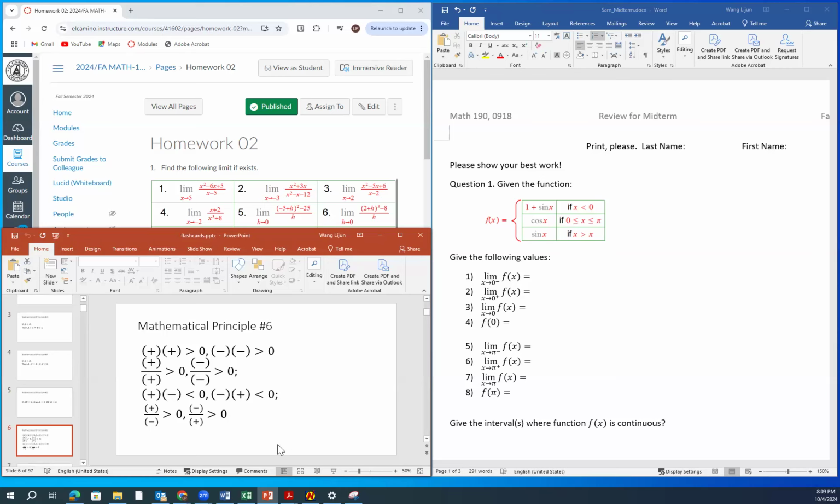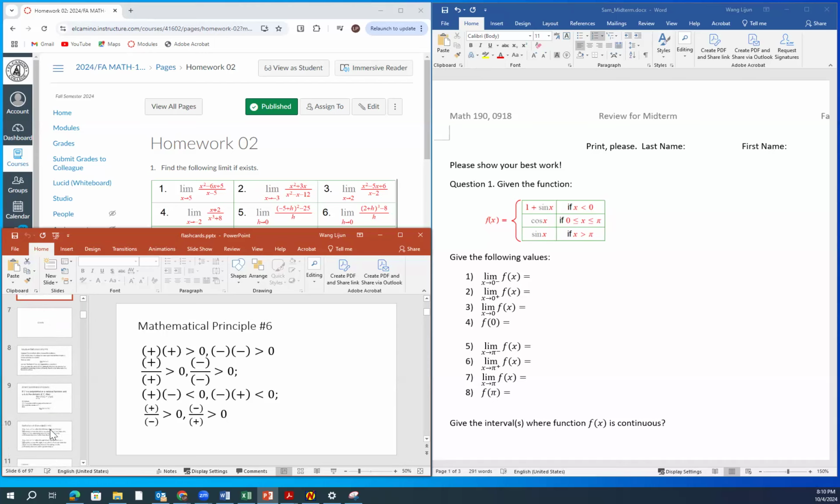These are basic algebraic mathematical principles. These are the principles we used before you entered calculus class. So you should know these principles very well. And I know you do, but these principles are used over and over again in calculus.